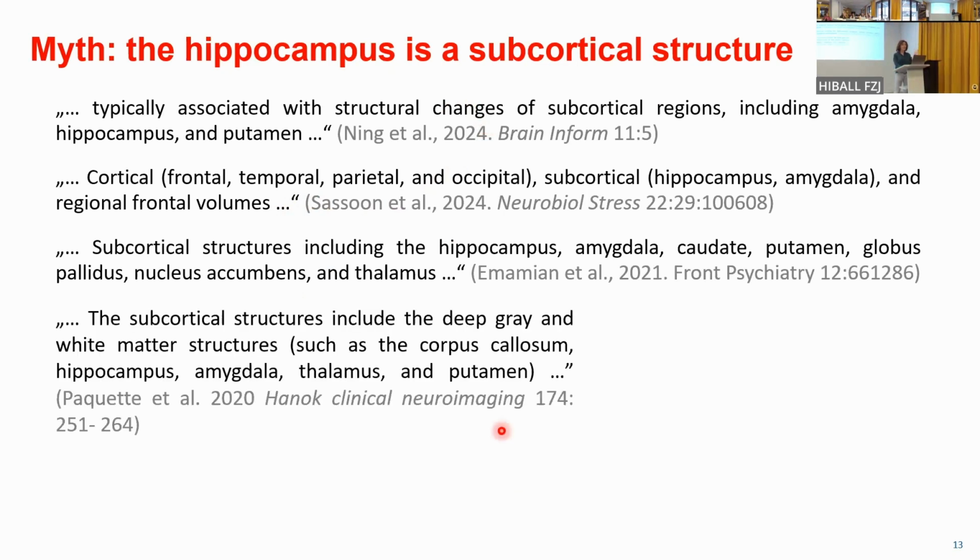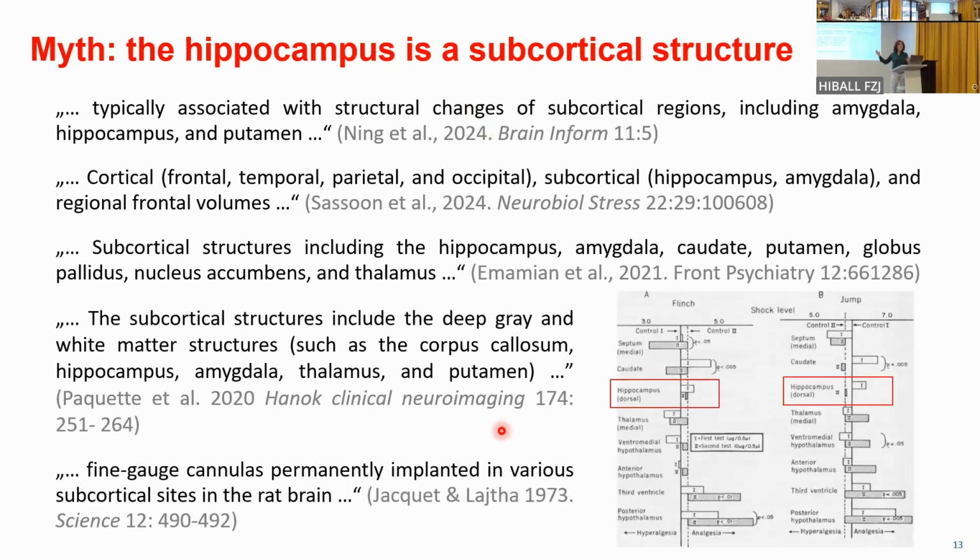This goes back a long time. I didn't go back to the first time this was published because I don't know when it was, and I didn't want to waste time on that. But this has even been published in Science. And everybody thinks, well, if it's been published in Science, it must be right, because Science is such an important journal, okay?